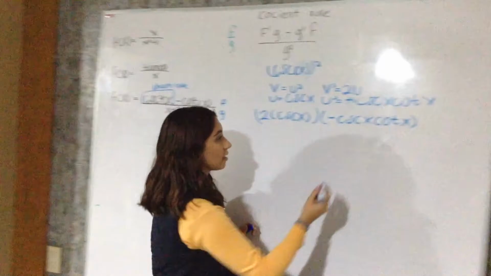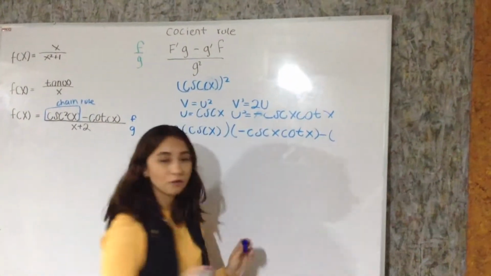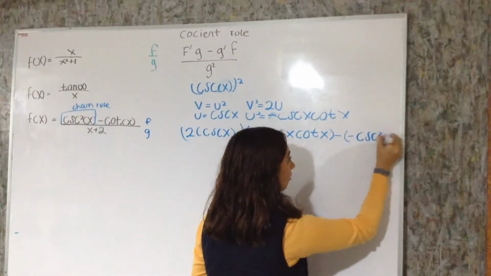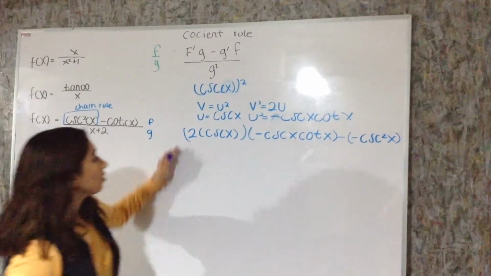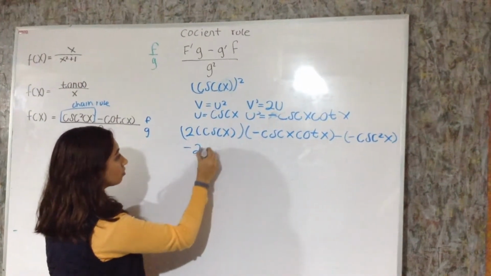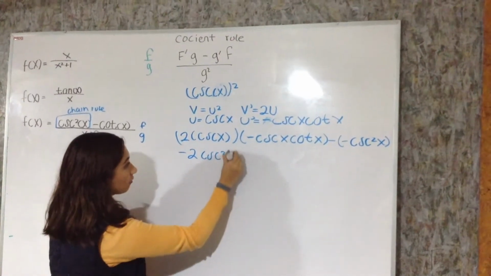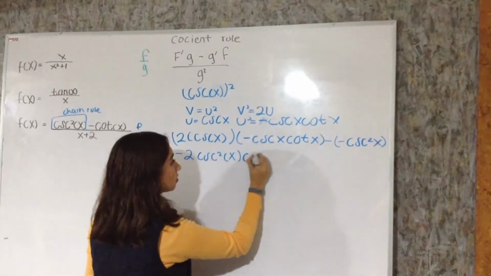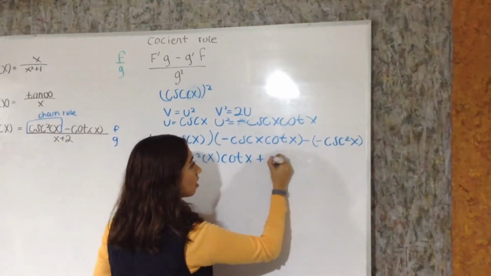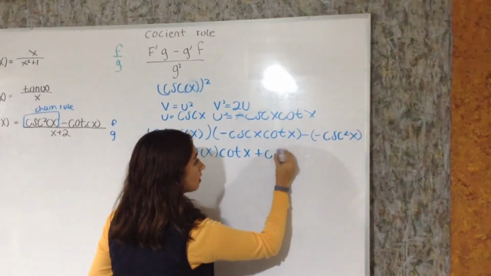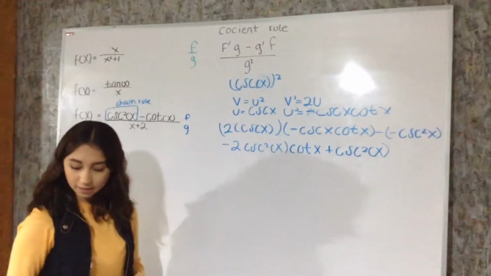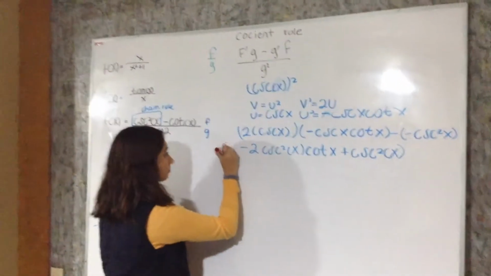So we're going to make minus, and the derivative of cotangent of x is minus cosecant square of x. We're going to simplify all this. It's going to give me minus 2 cosecant square of x cotangent of x plus cosecant square of x. This is the derivative of my f.